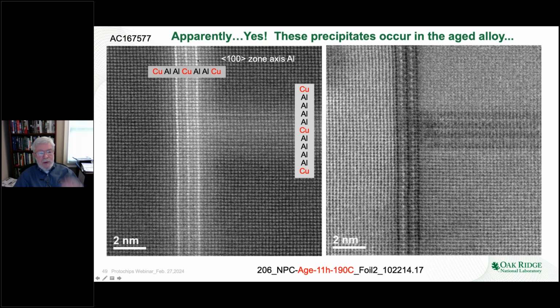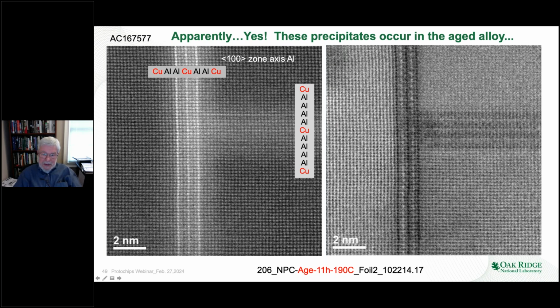So this is just what we saw in the thin foil, and it almost looks like here we have one of the copper with 4 aluminums that's just precipitating now, and here's an example, in the bulk alloy, that we do have these kinds of nascent precipitates that are non-GP1 or GP2 zones.